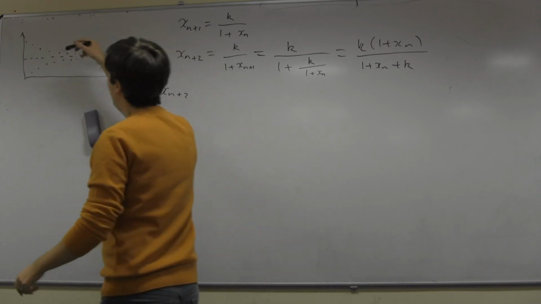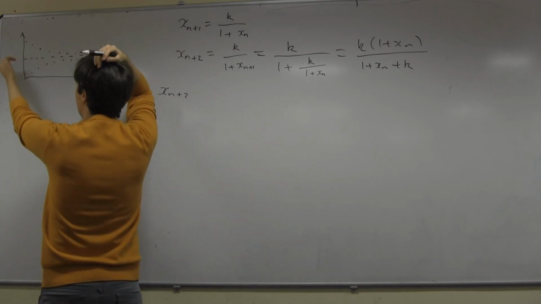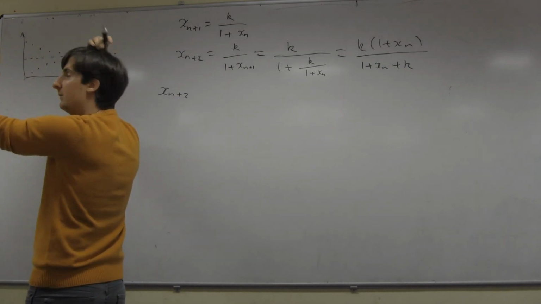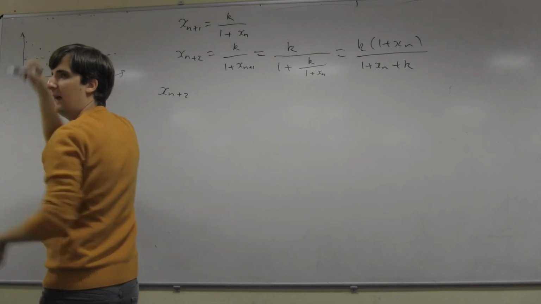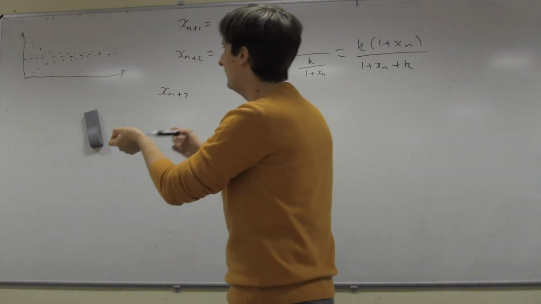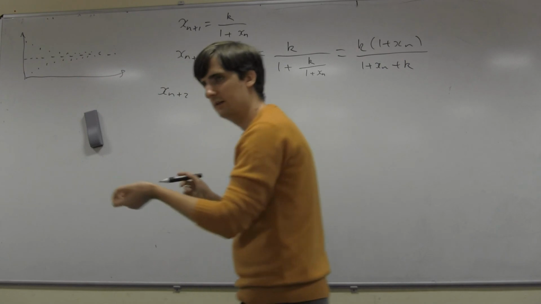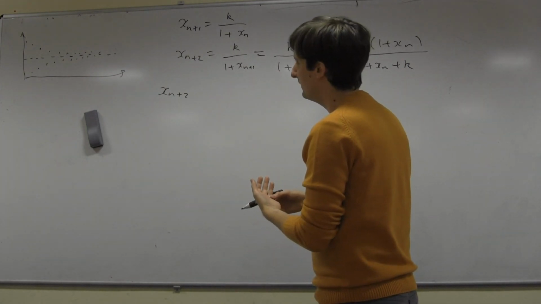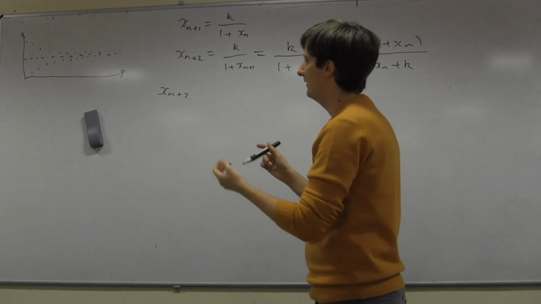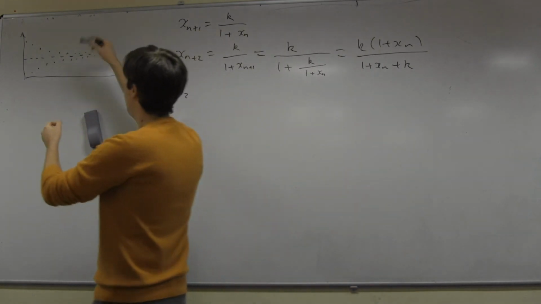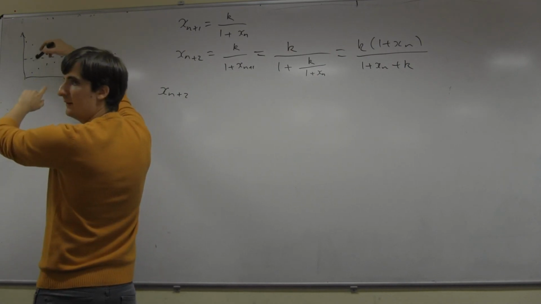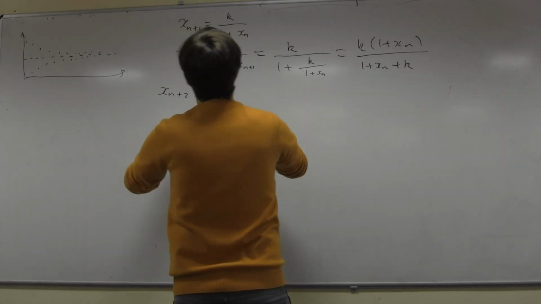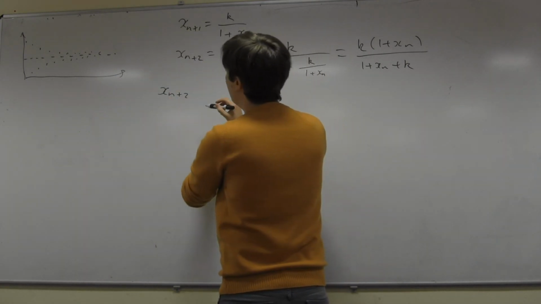So there must be some point, L, so if x is bigger than L, then xn plus 2 must be smaller, and if x is less than L, then xn plus 2 must be bigger. So there must be some point in the middle where they're equal.